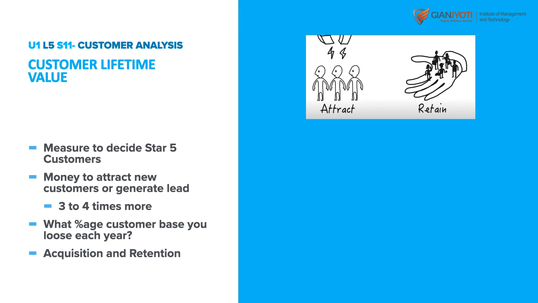That is why I will use my existing customers, that is star 3 and star 4 customers, to put my money on. You also need to know what percentage of your customer base you are losing every year. And for acquisitions and retentions, you need to look at this quant, which is customer lifetime value. So when I talk of acquisition and retention, CLV plays a very big role.